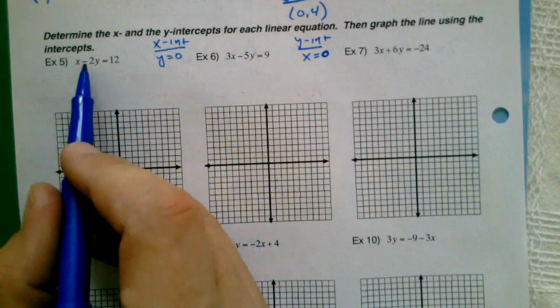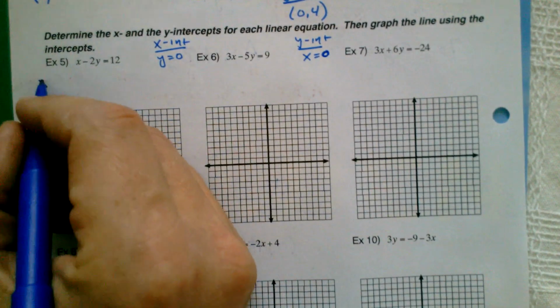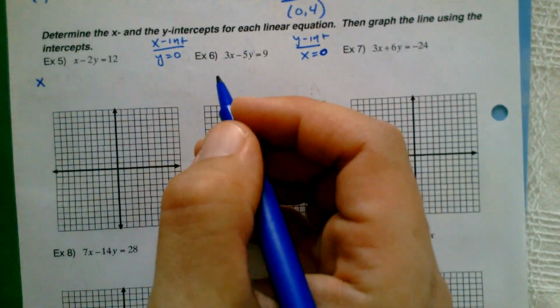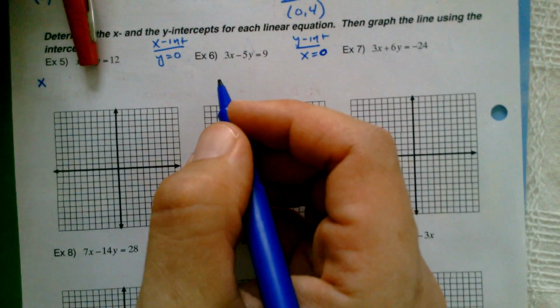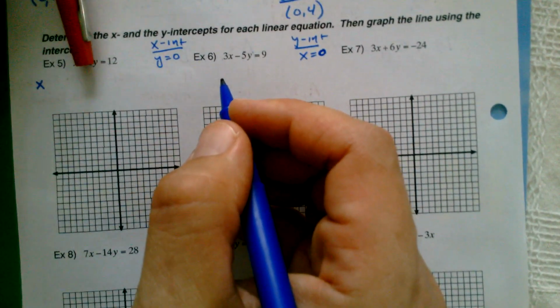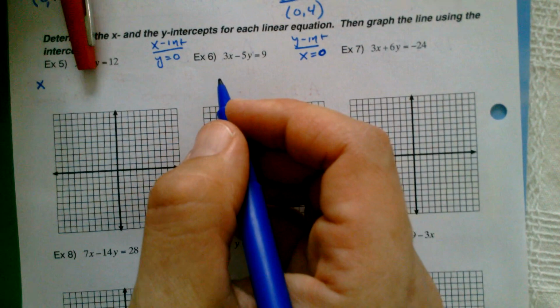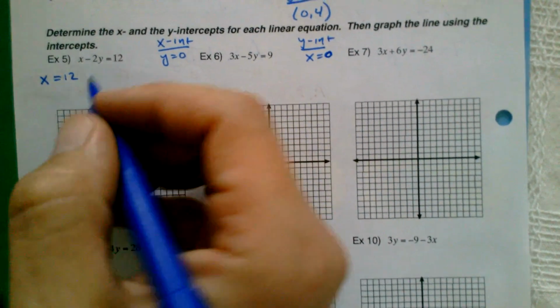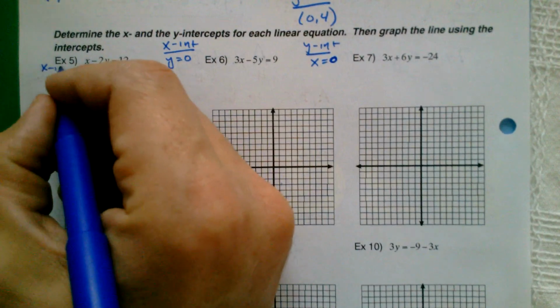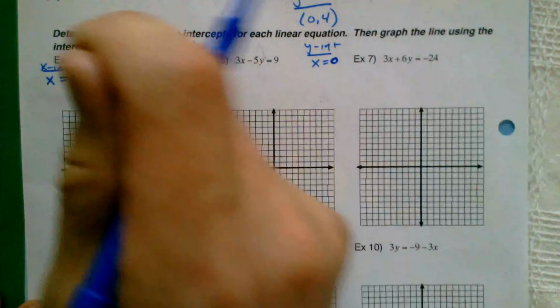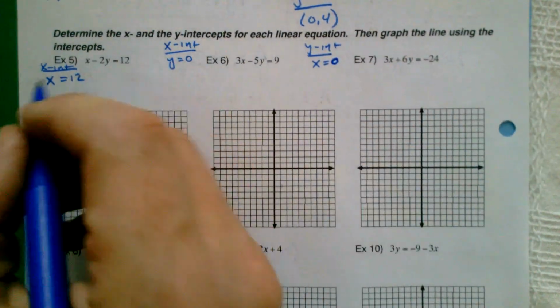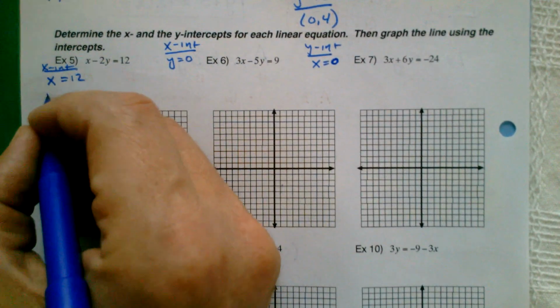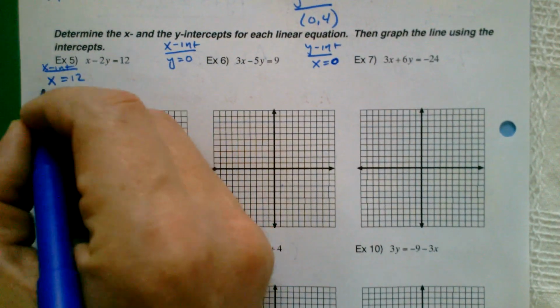Let me use a pen so I can cover it up. Negative 2 times 0 is nothing, and now I just get x equals 12. So when I'm looking for my x-intercept, just cover up the y, and that allows us to solve it. So x is 12, and I write that as the coordinate point 12, 0.